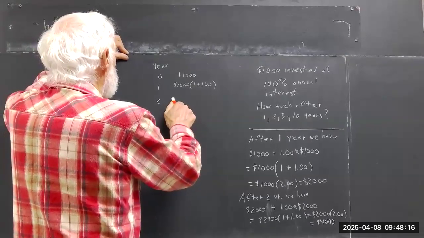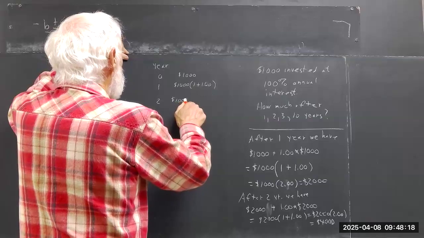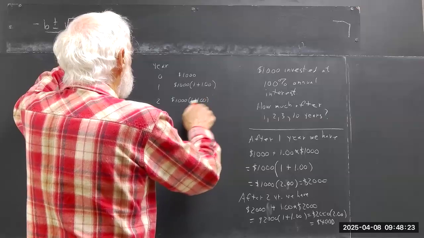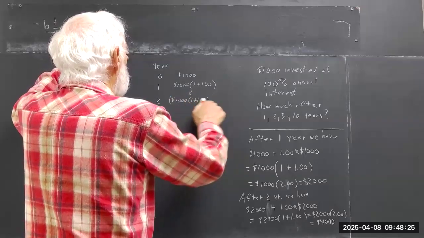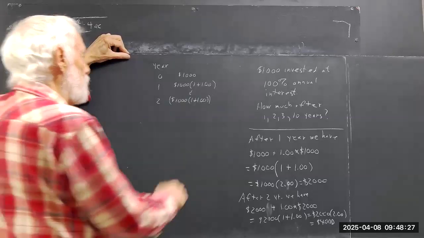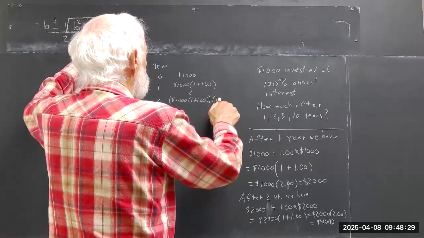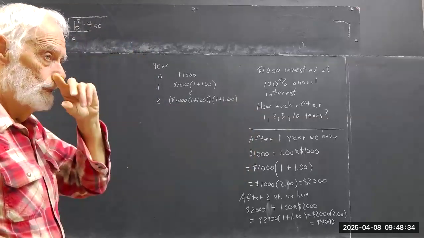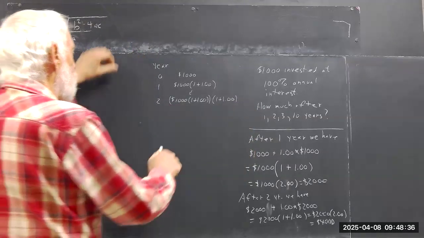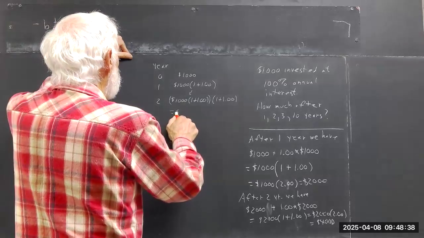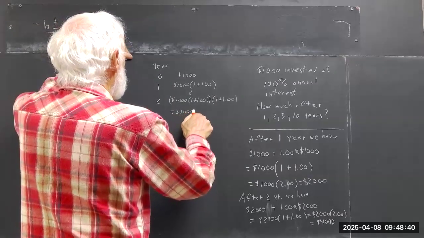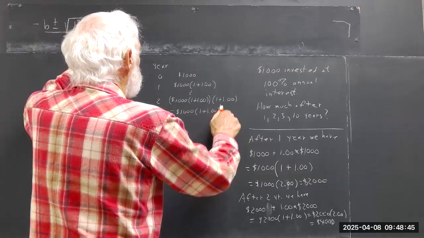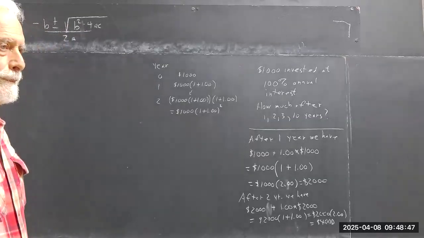After year 2, we have $1,000 times 1 plus 1.00. This is what we had before, right? And we multiply that by 1 plus 1.00. And of course, that equals $1,000 times 1 plus 1.00 squared.